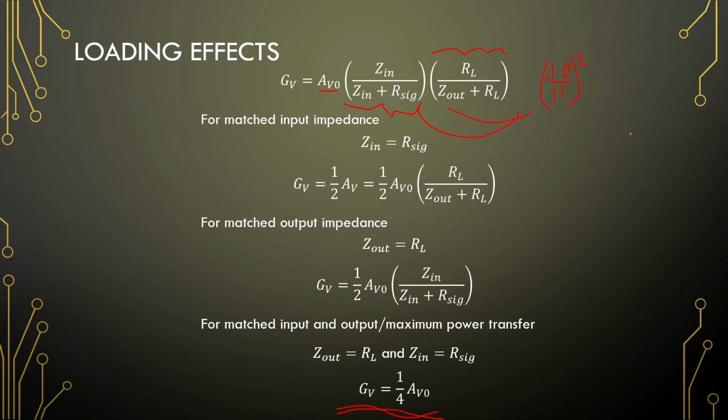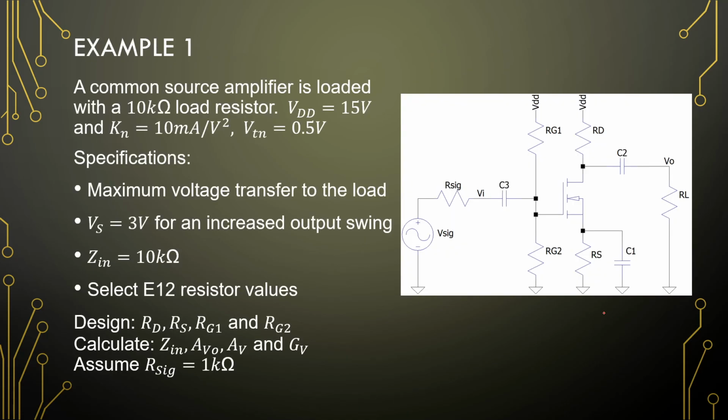You will find that your loaded gain and maximum gain will be very close to one another, typically 1 dB difference, whereas with maximum power transfer you have a 6 decibel difference. Okay, so let's look at a couple of examples.